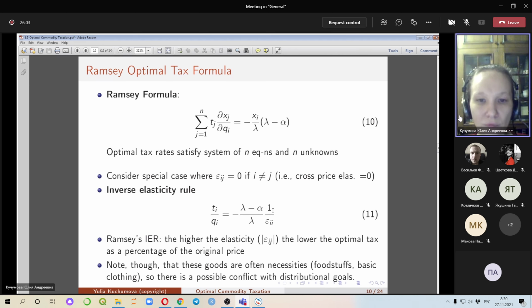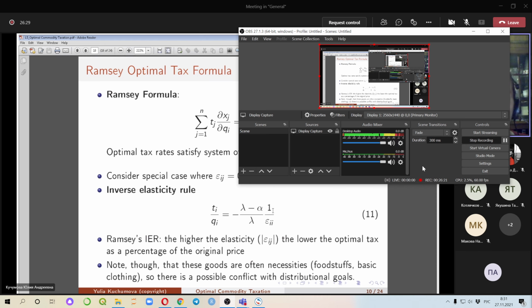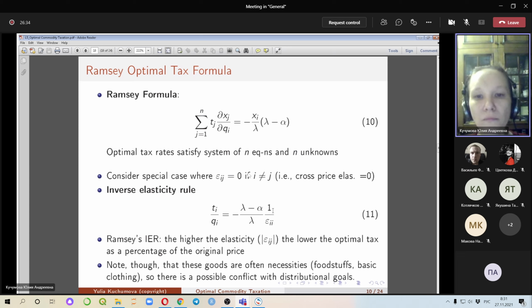And this formula is actually the Ramsey formula, rewritten a little bit differently here. The sum over g, where g goes from 1 to n, of t_g times the derivative of x_g with respect to q_i, is equal to minus x_i divided by lambda, multiplied by lambda minus alpha.